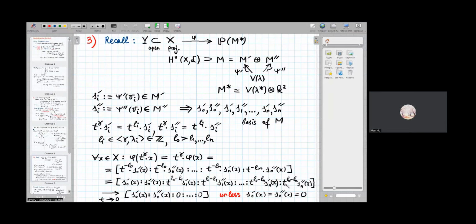But it seems that in the lecture, I wrote these differences in an opposite way, L1 minus L naught, etc. So it was a wrong formula. But I corrected this formula in the notes.